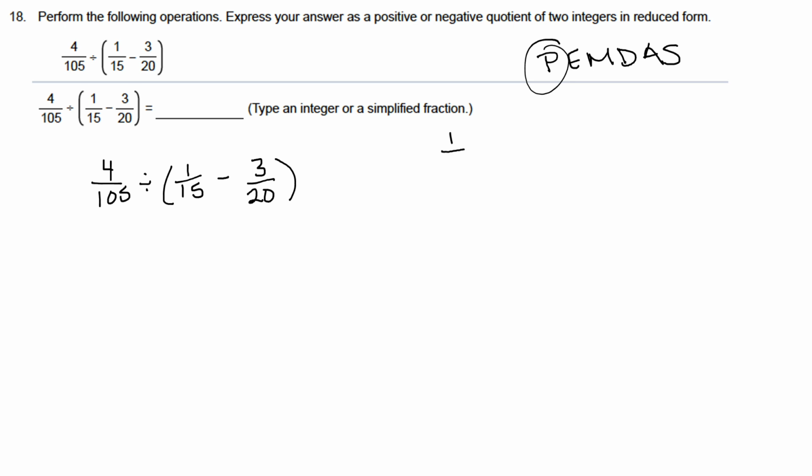So I have 1 over 15 minus 3 over 20. Remember, we're going to multiply the diagonal first. So 1 times 20, then subtract the other diagonal, which is 15 times 3.